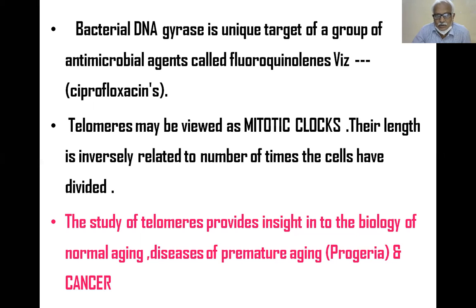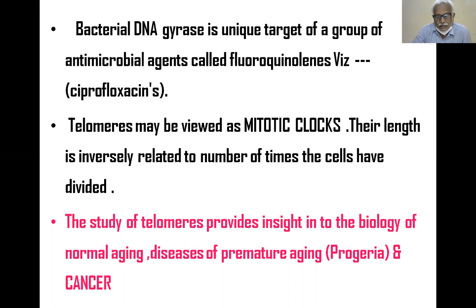If the length is long, the cell is active and has not divided many times. So the study of telomeres provides insight into the biology of normal aging, diseases of premature aging like progeria, and cancer.